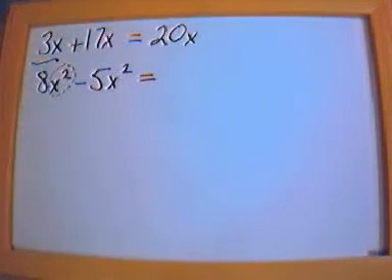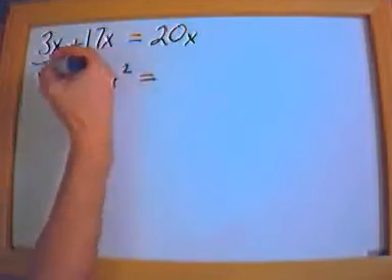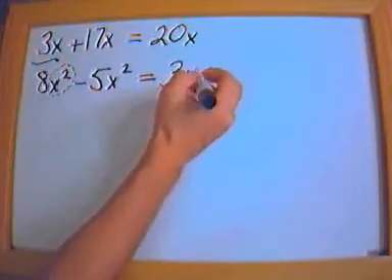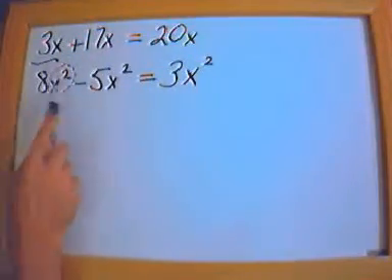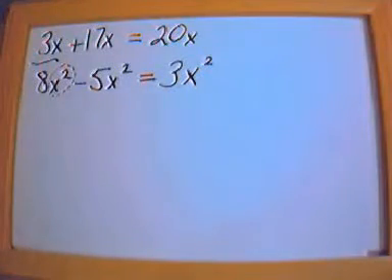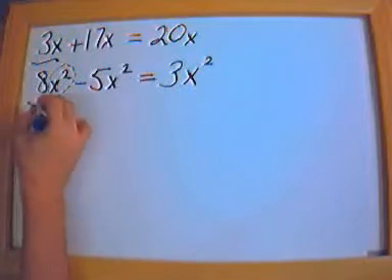This x squared is x times x, but it could be pencils, it could be umbrellas or whatever. I have 8 of them here and 5 of them here and I'm subtracting. So it's just like regular math. 8 minus 5 is 3. But I'm dealing with x squares, so I've got 3x squared. So when you're adding and subtracting things that involve variables, you carry the variable through and you simply add and subtract the coefficients, just as you would do normally.